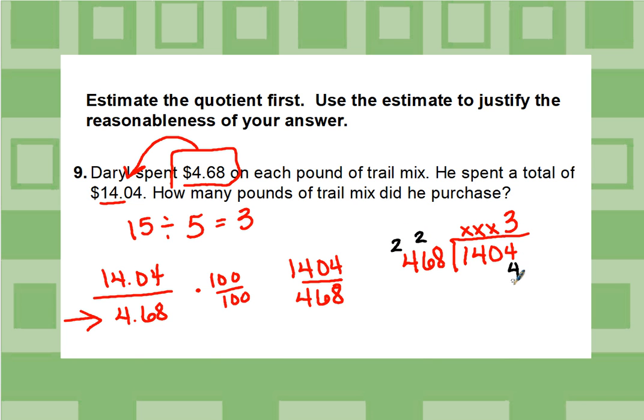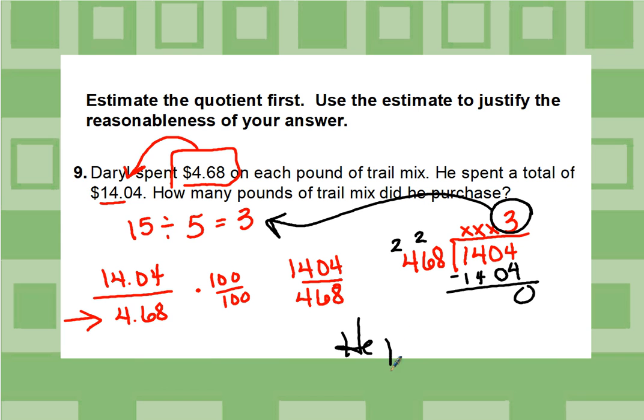Write my 2, write down my 0. 3 times 4 is 12, plus those 2 is 14. And look, oh, we got lucky. Came out even. Perfection, right? So how many pounds did he purchase? We would have to write, he purchased 3 pounds.